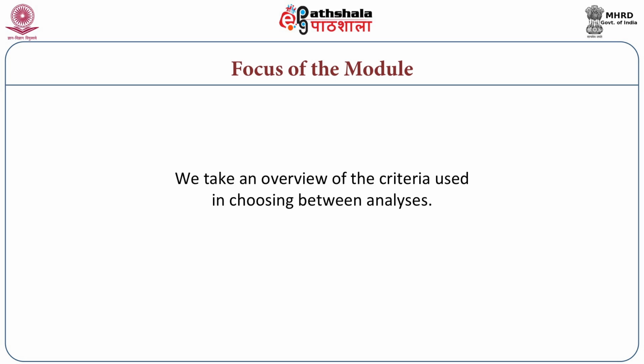So the focus of the module is to provide an overview of the criteria used in choosing between analyses. Let us look at the data involving alternations in this African language.